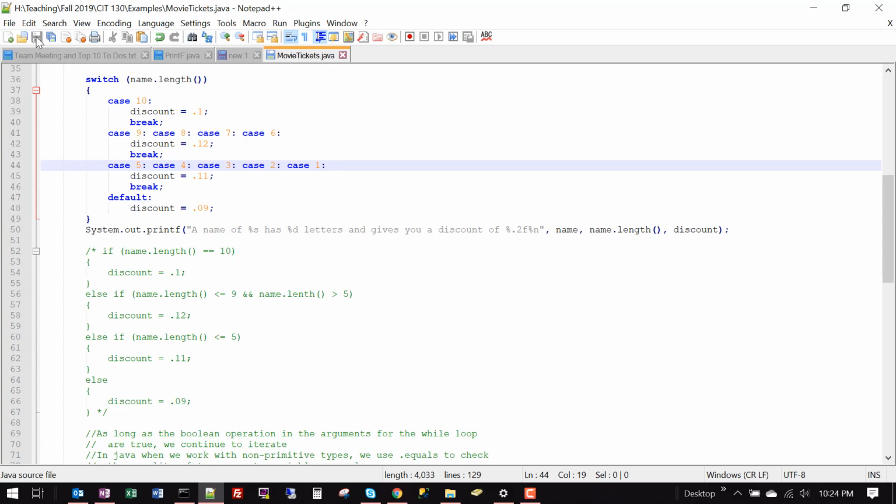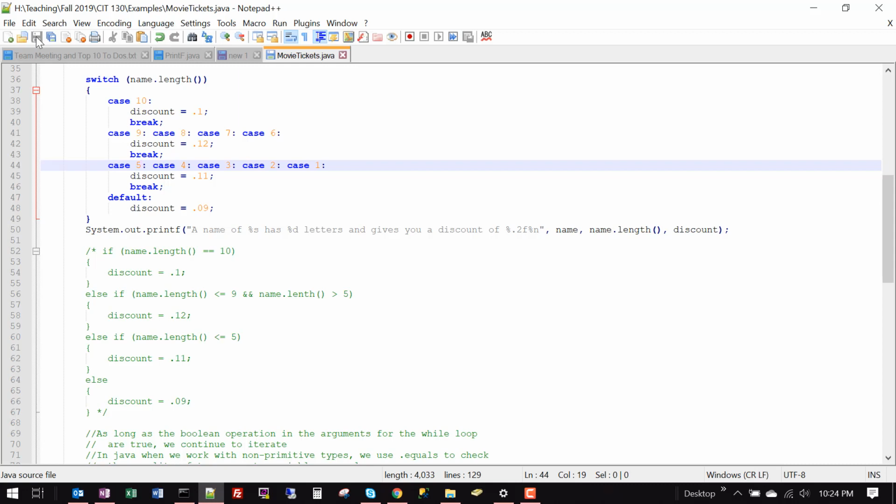We talked about several of the methods of the string, like length, contains, and charAt. We went through the printf method, looked a little bit at formatting printed data.